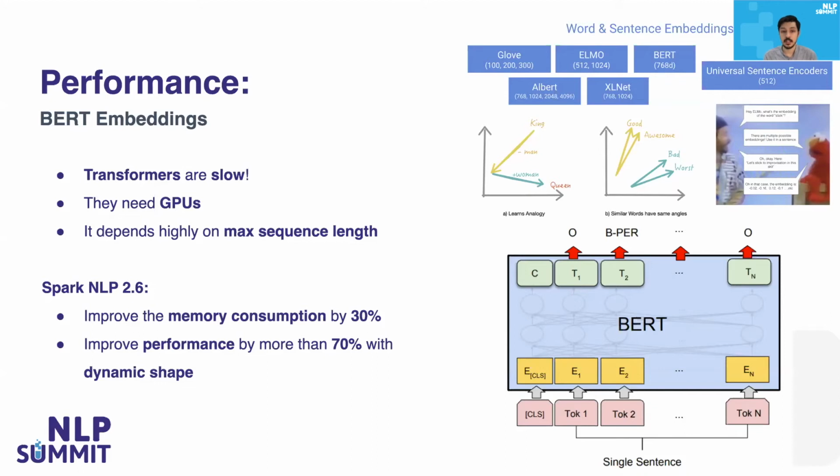That being said, in our latest release, we managed to improve the memory consumption by 30% and also improve the performance by more than 70% when we implemented the dynamic shapes into our BERT embeddings annotator.